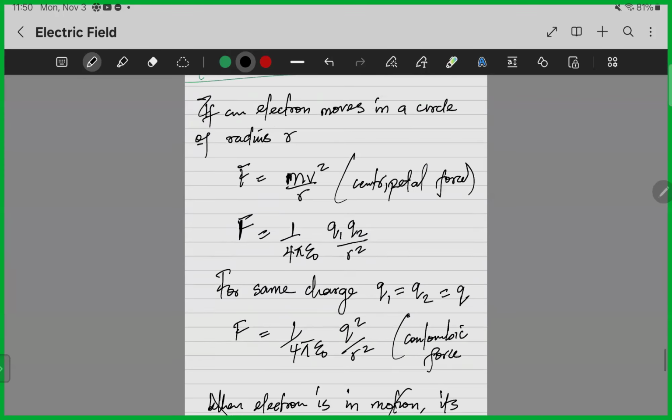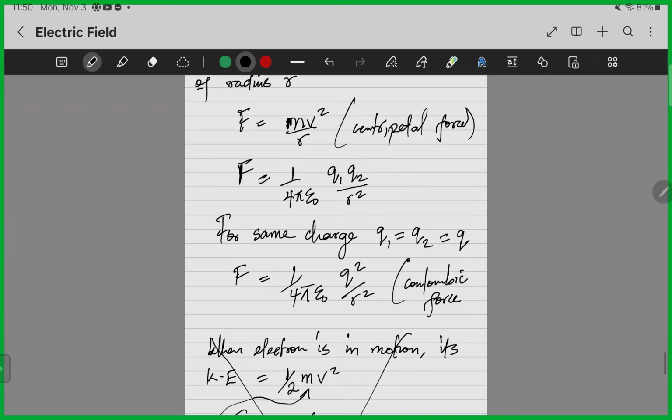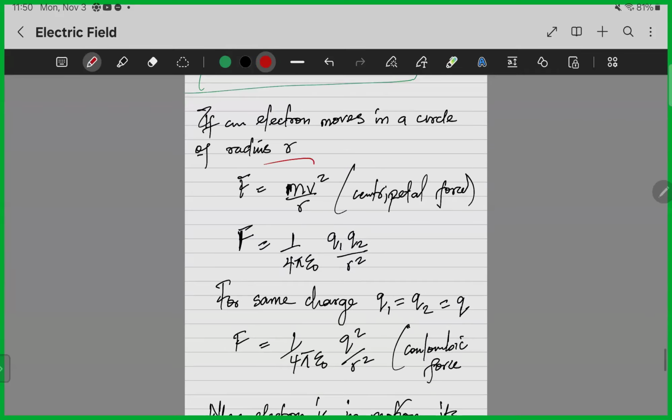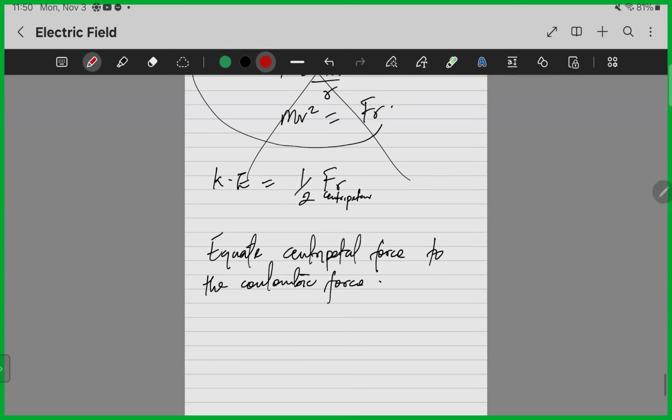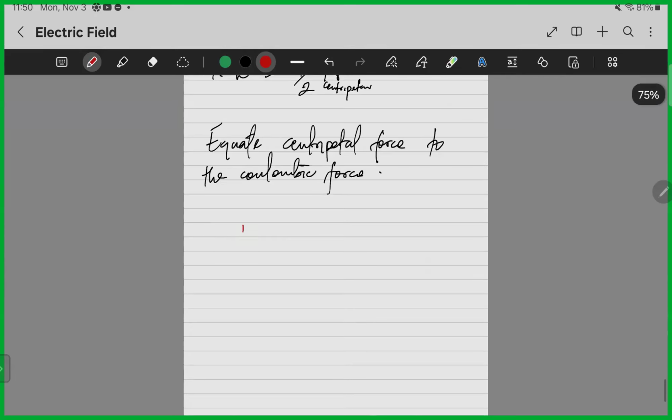Doing that means you are equating the right hand side, because this is the centripetal force right here, to the right hand side of the Coulombic force that I just established. So that gives me mv square over r equal to 1 over 4 pi e naught q square over r square.